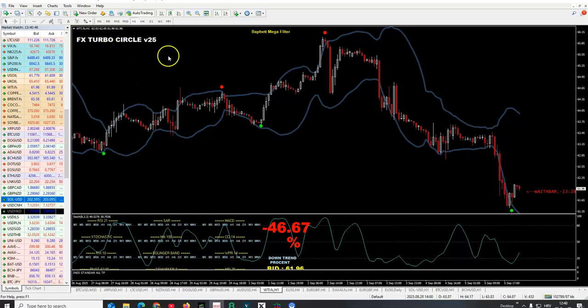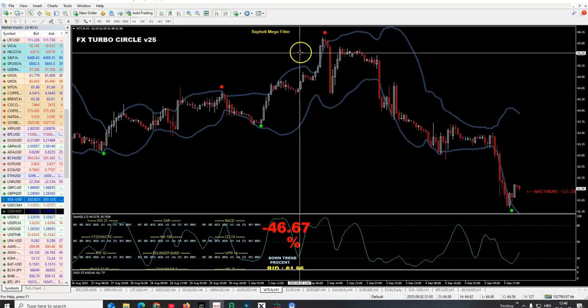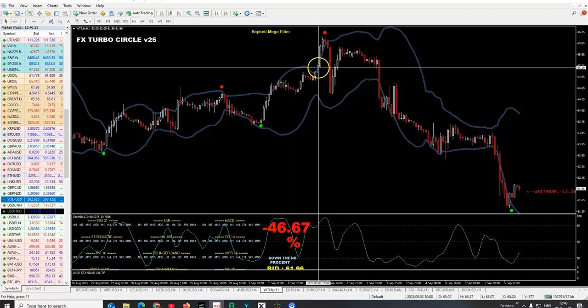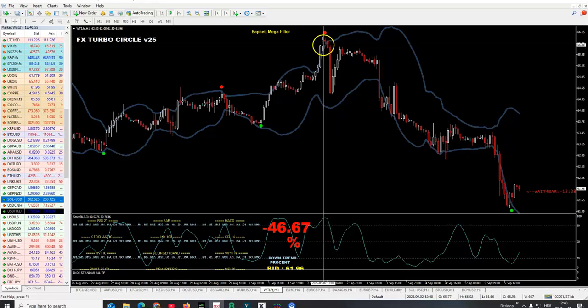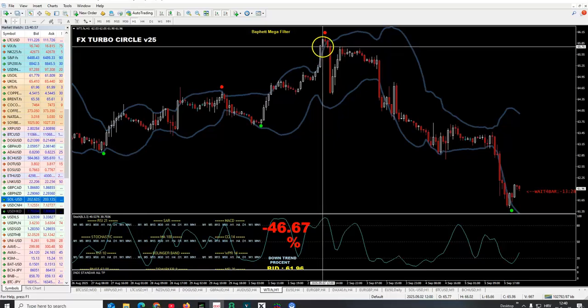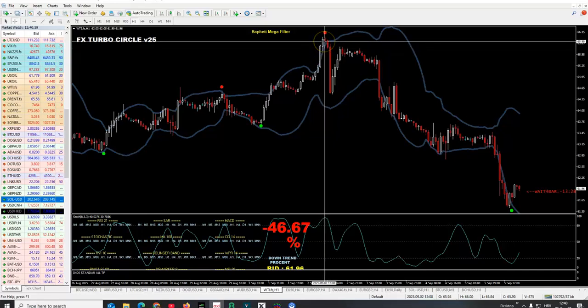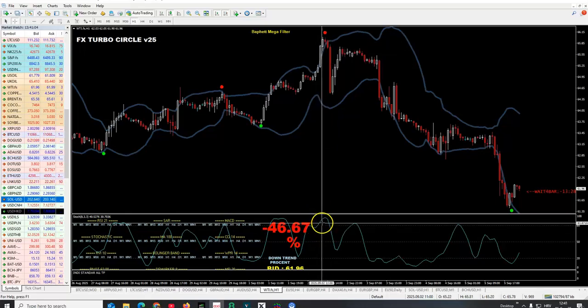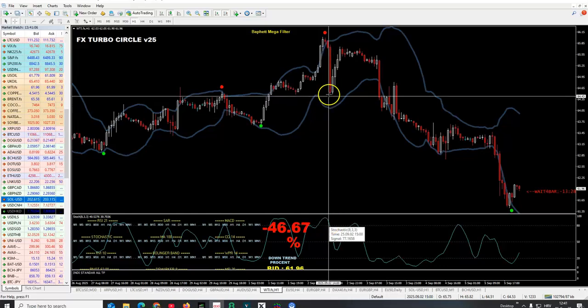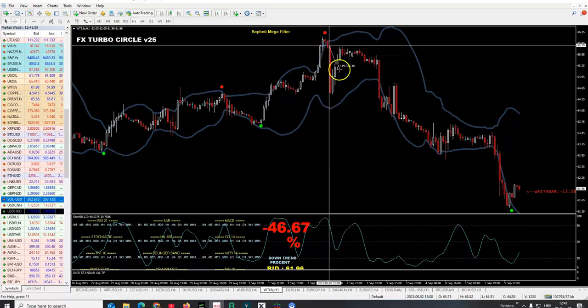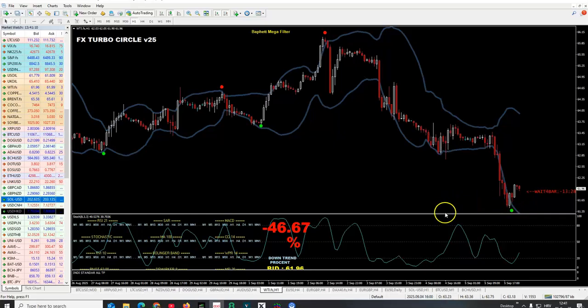It is up to you. One more example: red dot, the price was outside or touching at least the bands. Here we have an overbought situation, but we are waiting for crossing here. And you see, boom.